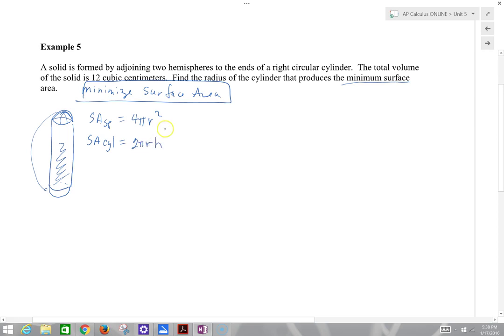So there's our surface area. We add those two together. Surface area equals 4 pi r squared plus 2 pi r times the height.